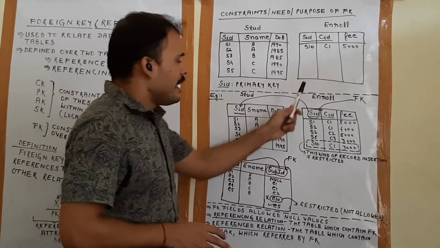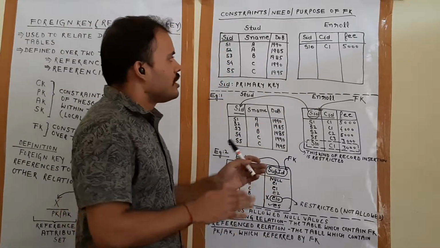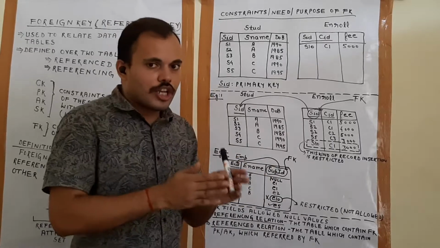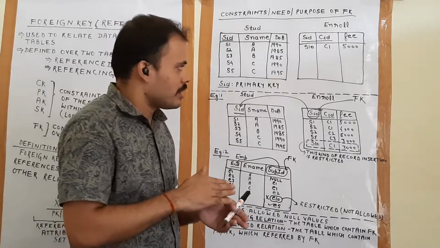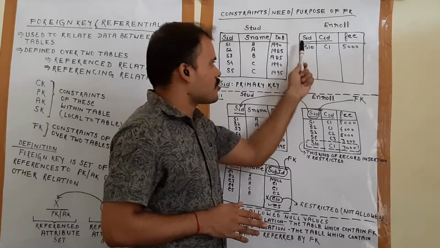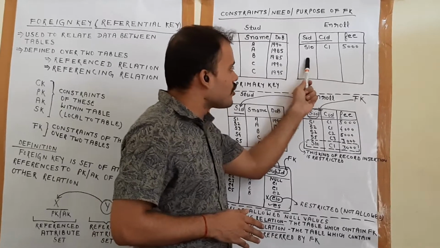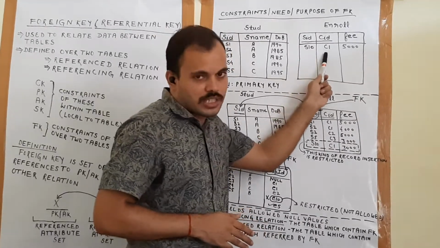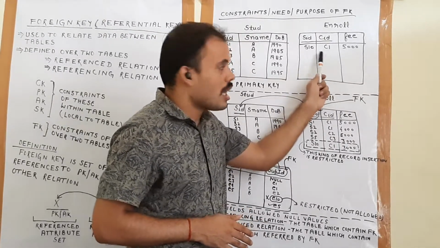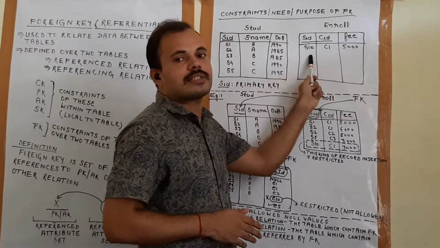And in the enrollment table, we are maintaining the courses enrolled by the students. See here, student ID is S10, which means student S10 is enrolled for the course C1, or the course C1 is enrolled by the student S10.